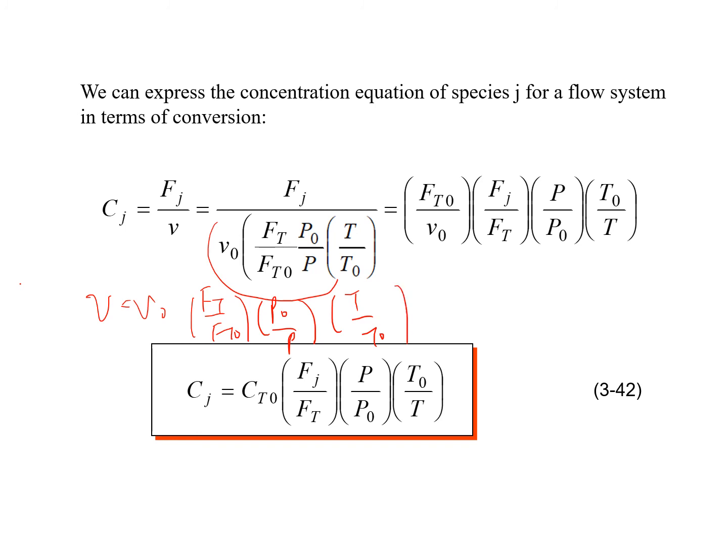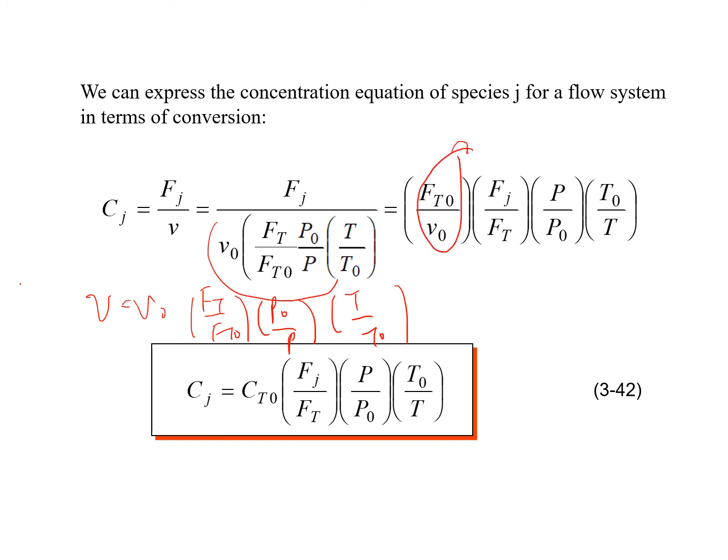So from here you bring this up, and this equation is formed. From here we have C_j equal to C_T0. Why do we get C_T0? Because from this one.